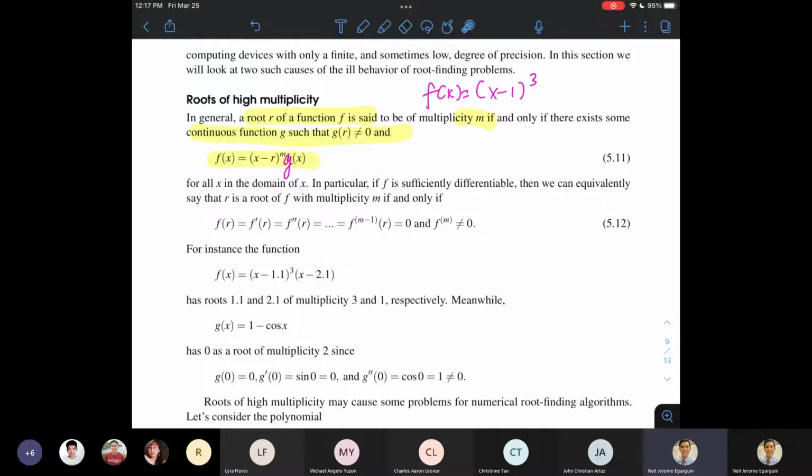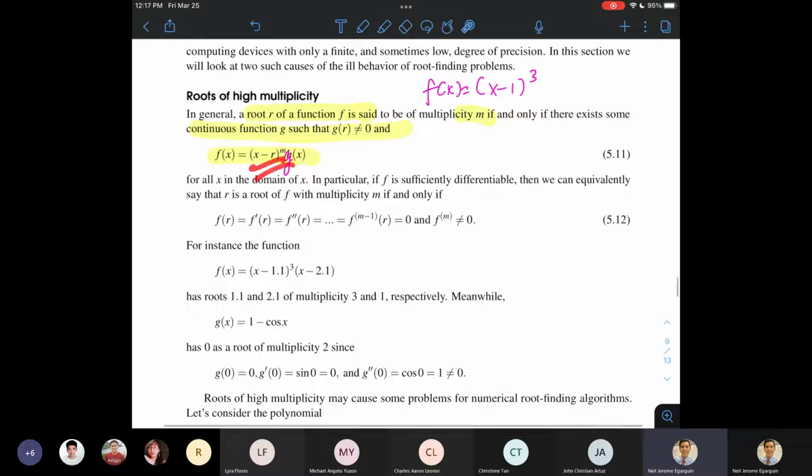Okay. Now, medyo mahirap i-operationalize itong definition na to because you're searching for a continuous function g, all right? And then mag-factor out ka sa kanya ng isang polynomial. And your function f might not be even easily expressible in terms of a polynomial times, say, a transcendental function.